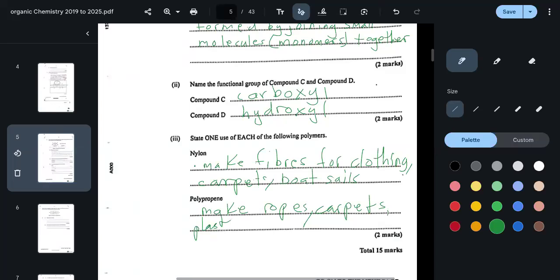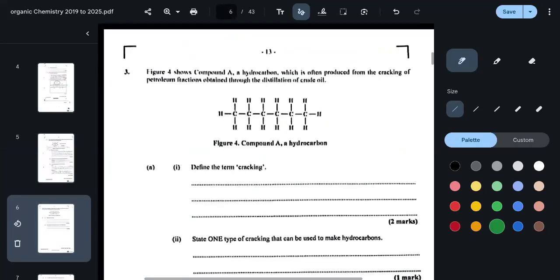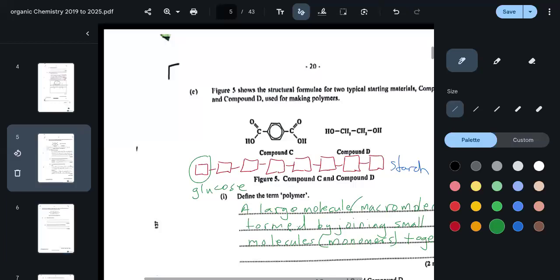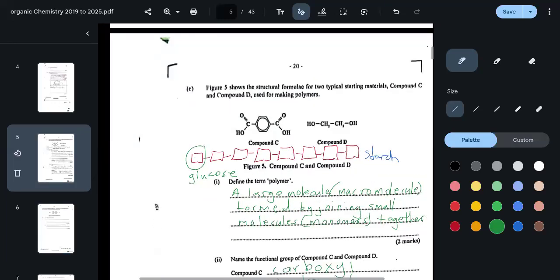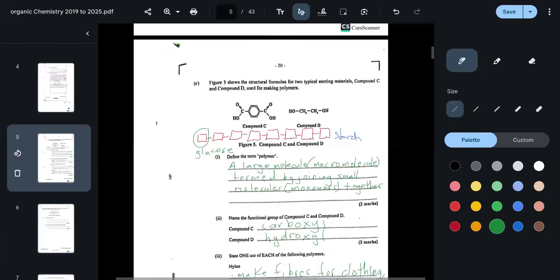And plastic food containers. There will be more questions on polymers that we will look at. All right, so before I continue.